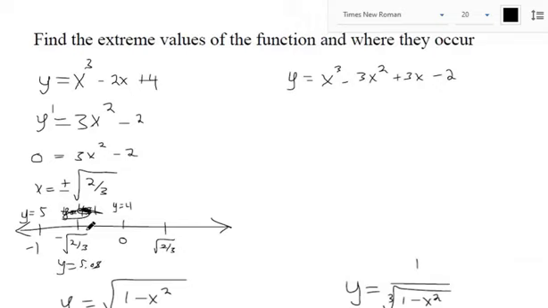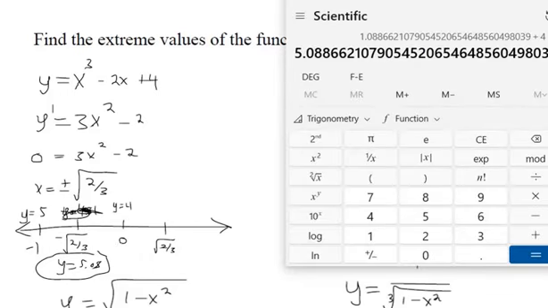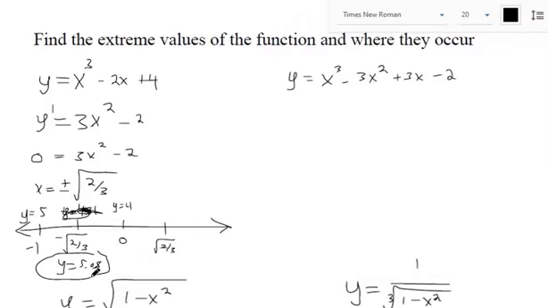Okay, so this x coordinate we found, it's a local maximum, right? Because it's at 5.08 or something like that. 5.09 when we round. And a point to the left was smaller. A point to the right was smaller. So this 5.08 is the local maximum at x equals negative square root of 2/3.